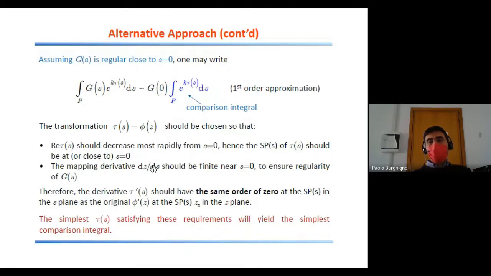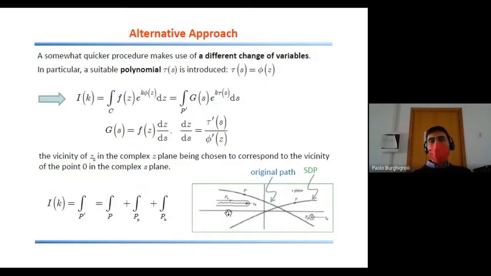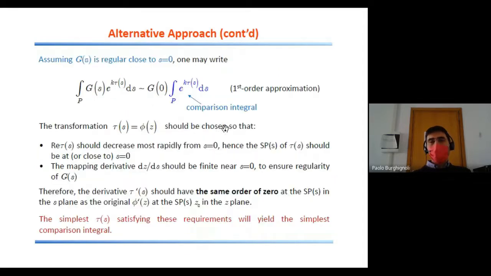Now, these requirements can be met if the derivative tau prime has the same order of zero at the saddle point as the original function phi has at the original saddle point in the z-plane. And again, this is because the derivative of the mapping is given by this ratio, so we wish that the numerator and the denominator have the same order of zero in the vicinity of the respective saddle points.